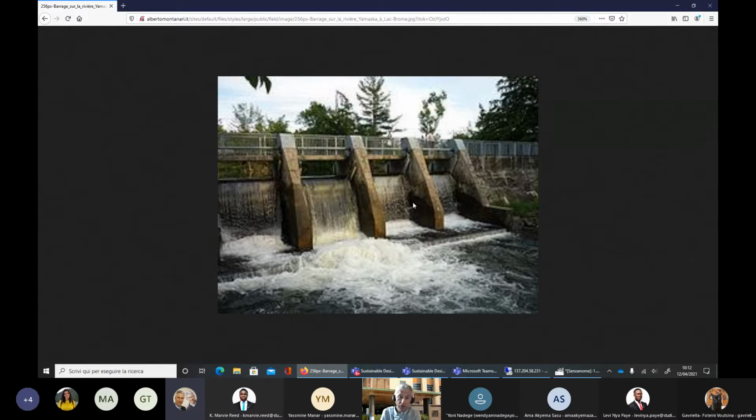And what is the purpose of this construction? There are several purposes for which an engineer may decide to build a barrage. In this case, the purpose is to fix the water level upstream, to keep upstream a high water level. This is the purpose of this barrage. And why do we have this need?